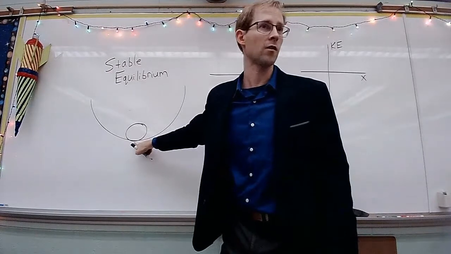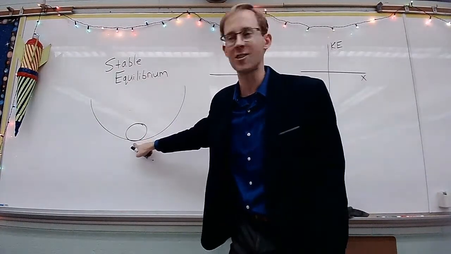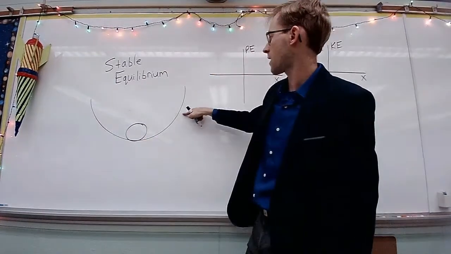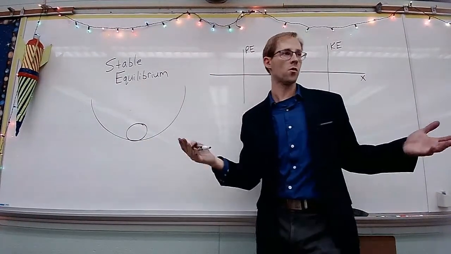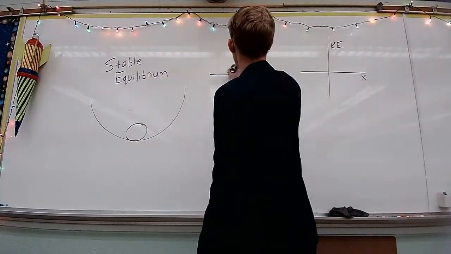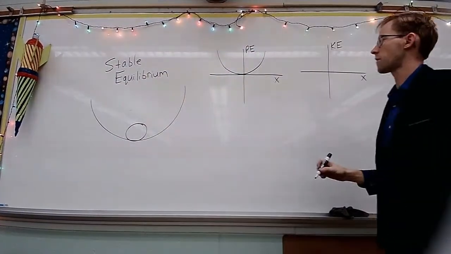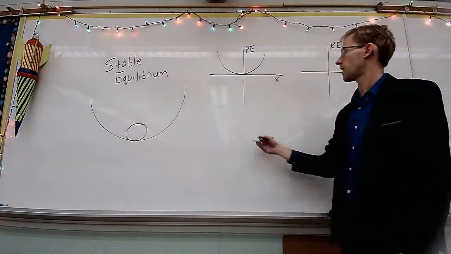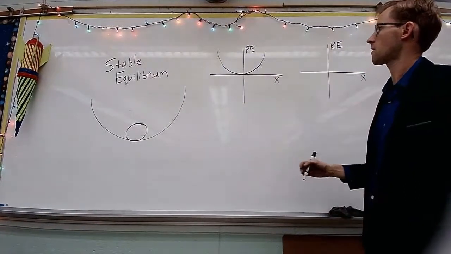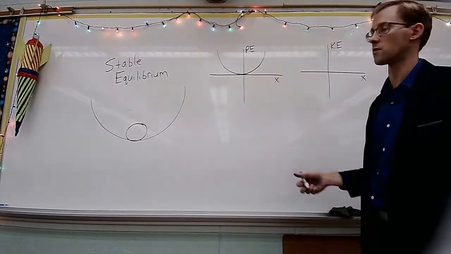And if it's at ground level, it has no potential energy. But as it gets further away from that position and climbs, then your potential energy, of course, would increase. So you'd have that sort of graphical relationship. As you get further from the 0 point, you get a higher elevation and your potential energy grows.